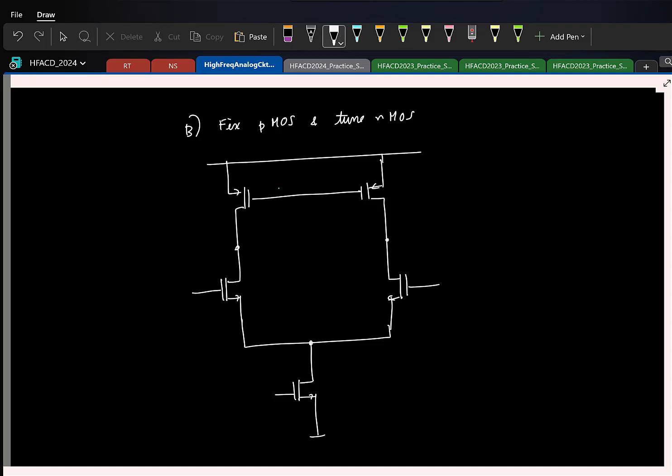So now there is one other simple CMFB that is also commonly used, and that is again based on the principle of setting this current to something. So let us say this current is fixed. Okay, the pMOS current is fixed. Now the goal is to tune the nMOS current. So one thing you can do is the following here.